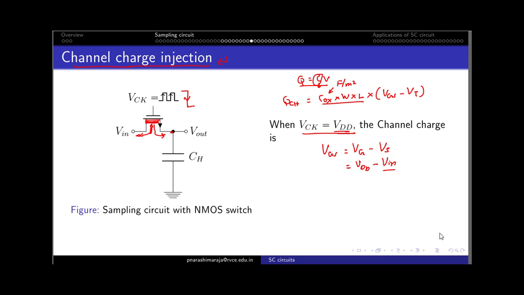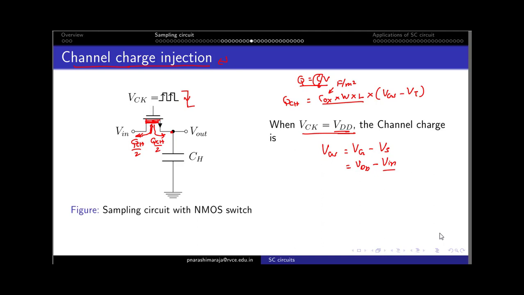Now let us assume that the impedance seen by the charges from the channel happens to be equal for both the drain and the source. Then half the channel charge would dissipate by moving towards the drain. The remaining half would go towards the source in order to discharge to the ground.